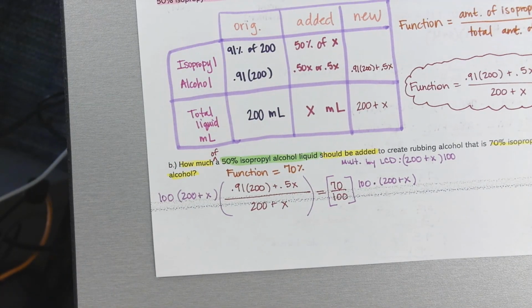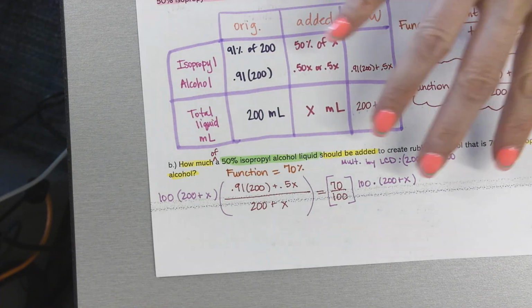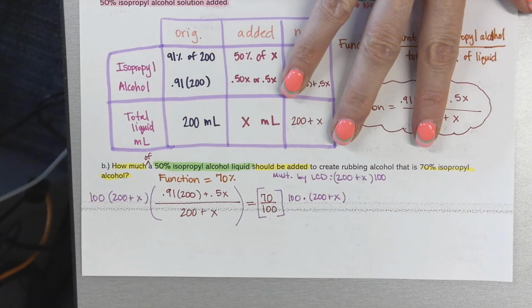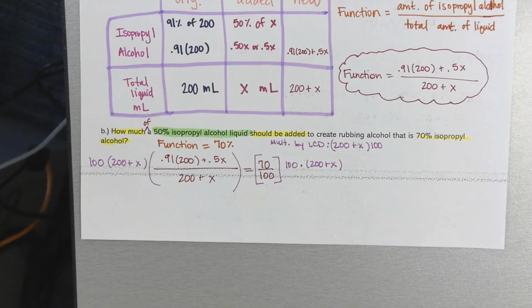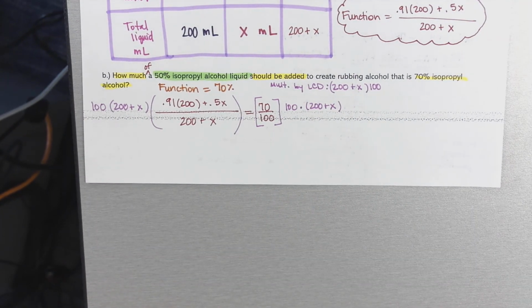Okay, so I want you to multiply both sides, and then go ahead and cancel out what cancels. Okay, and then you're going to be solving this for x.